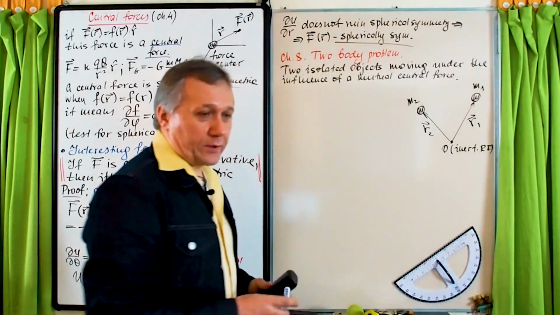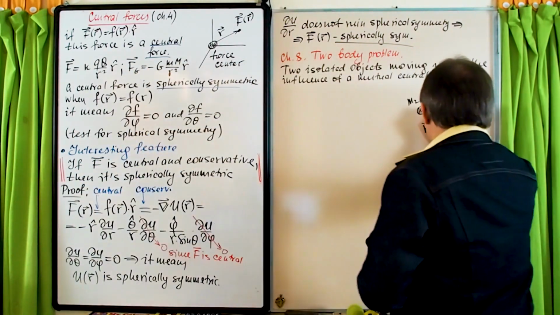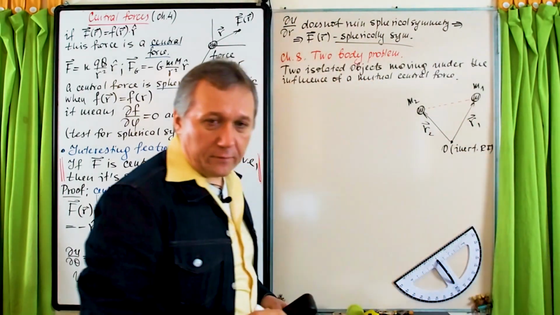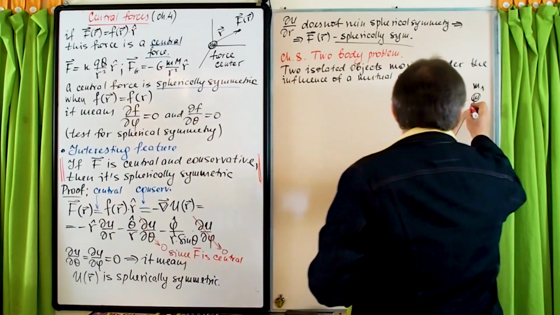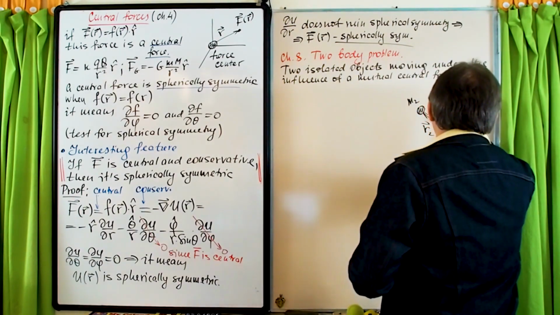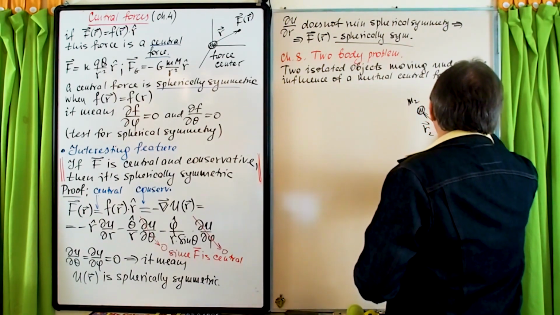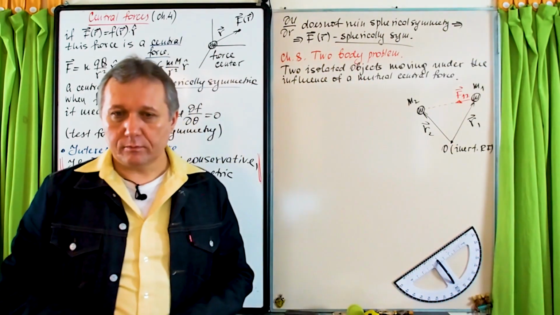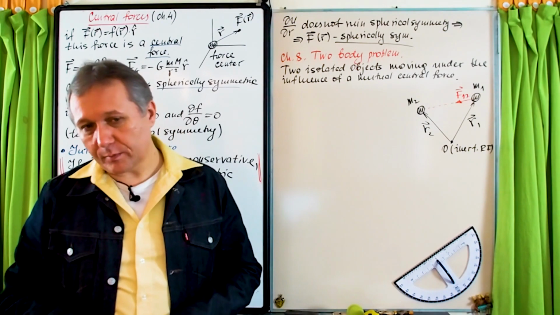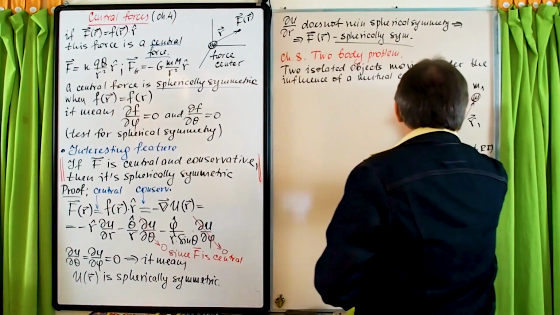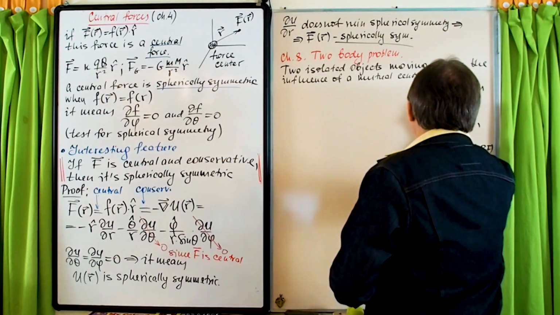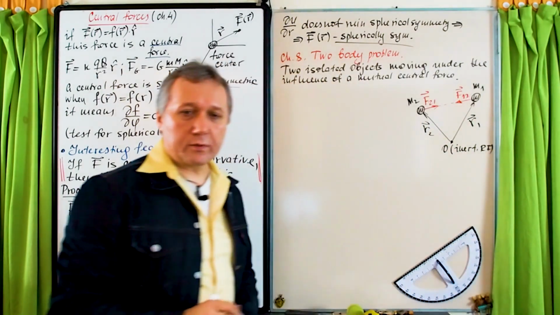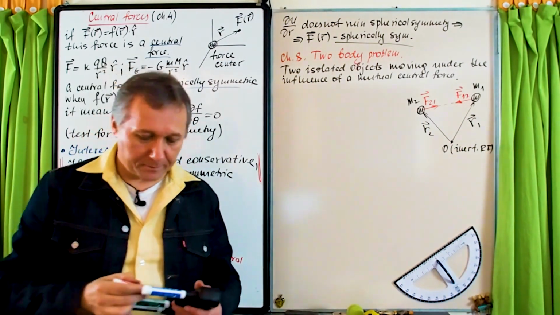Then, of course, forces. Let me draw this dashed line. The force on the first object which comes from the second will be F1,2, the force on 1 from 2. And this one experiences force F2,1, which acts on 2 and comes from object 1.